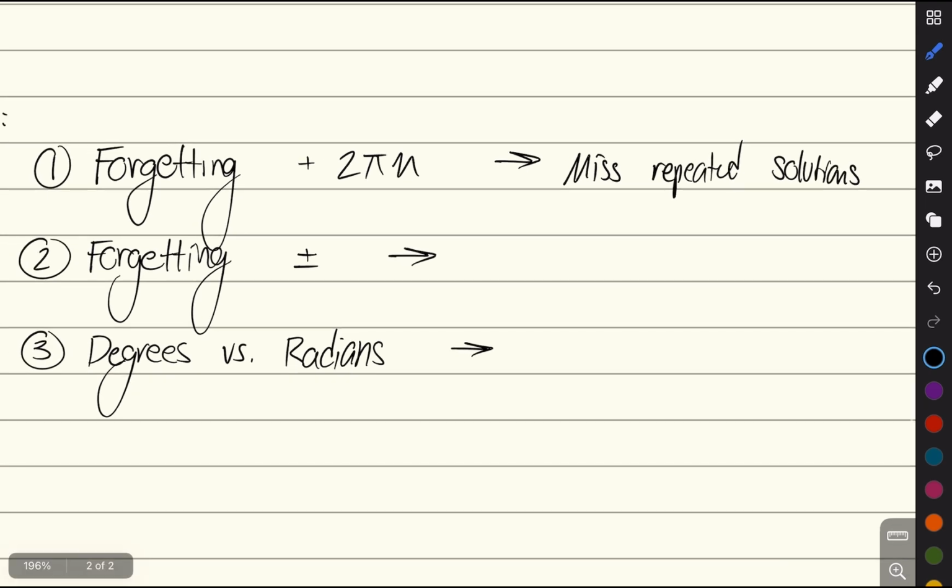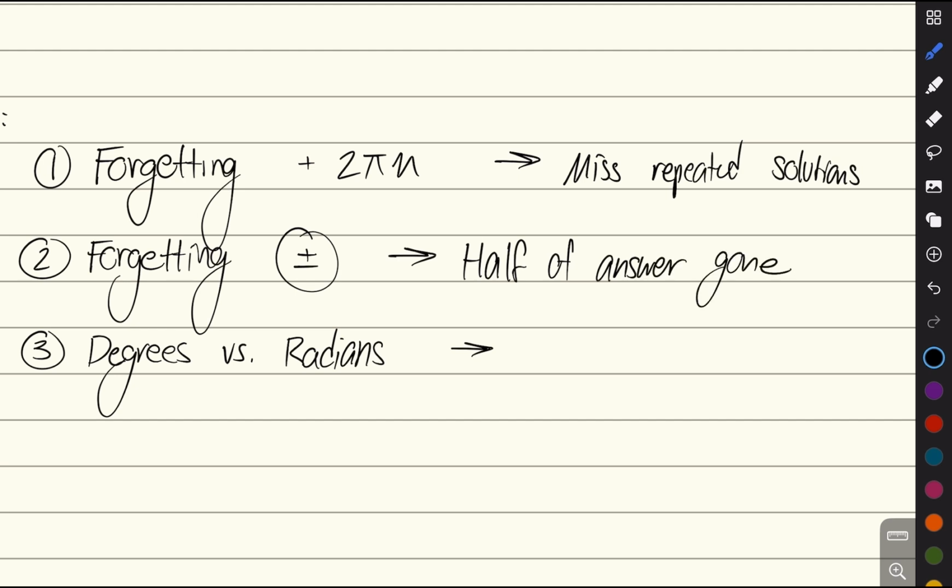And the second big mistake is forgetting the plus and minus, which makes you miss half of the answer. And lastly, it's knowing whether to use degrees and radians. And in Calc 1, you always use radians.